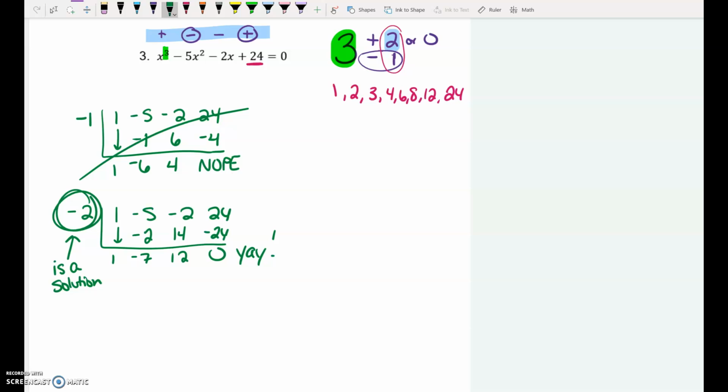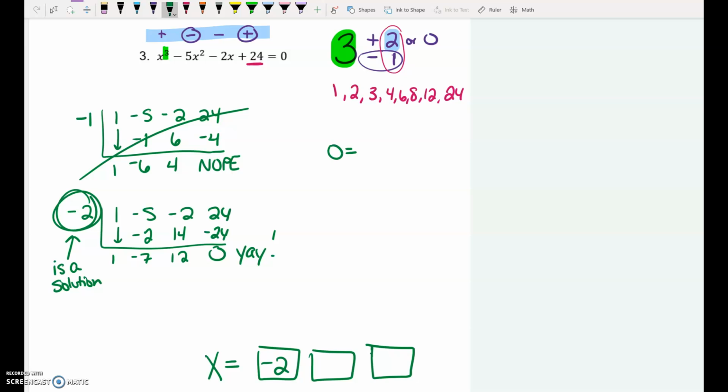Our goal is to get a remainder of 0. That last number in the synthetic division needs to be 0. If it's not 0, scratch it off, try again. Okay, -2 is a solution. So if the problem is asking what are the solutions, you could right now put -2 in your answer. But now we need to find the other 2.